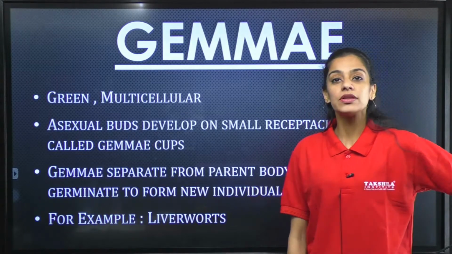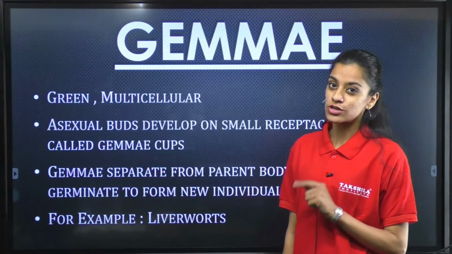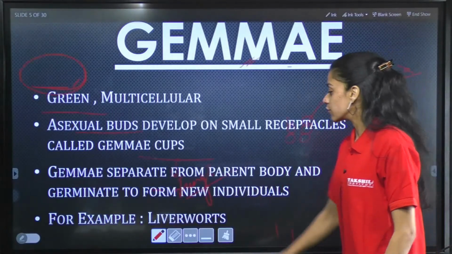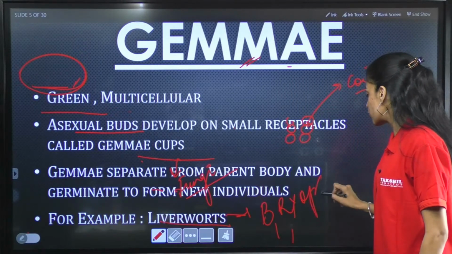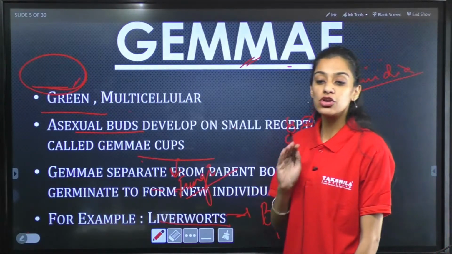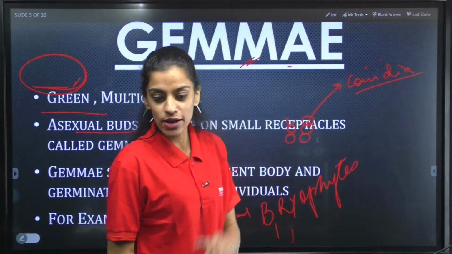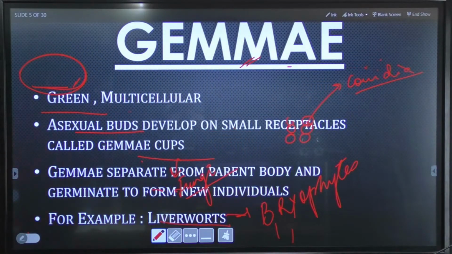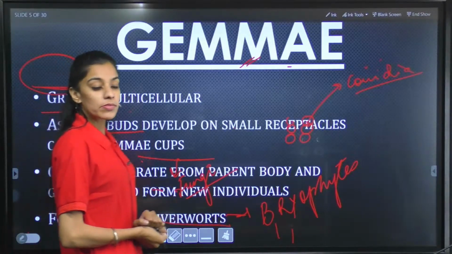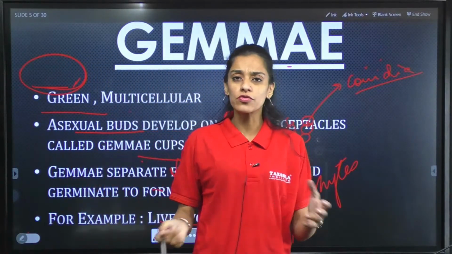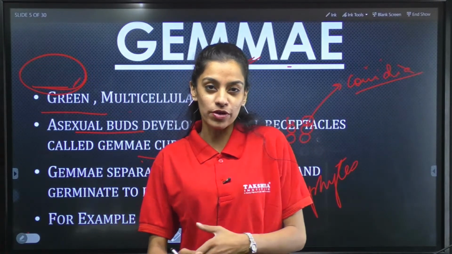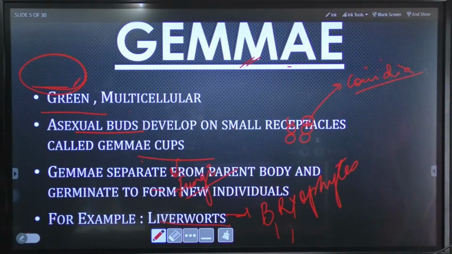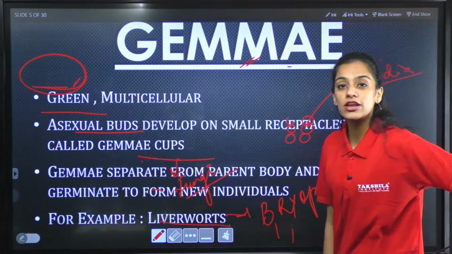And for example, liverworts, and liverworts belong to the class of bryophytes. Bryophytes represent the lower group of plants. Hello everyone, good evening. So liverworts belong to the bryophytes, that you have to remember. You have a number of organisms in the bryophytes, but still you have some in which the gemma cups are more popular. So gemma cups, for example, the liverworts, belong to the class of bryophytes.